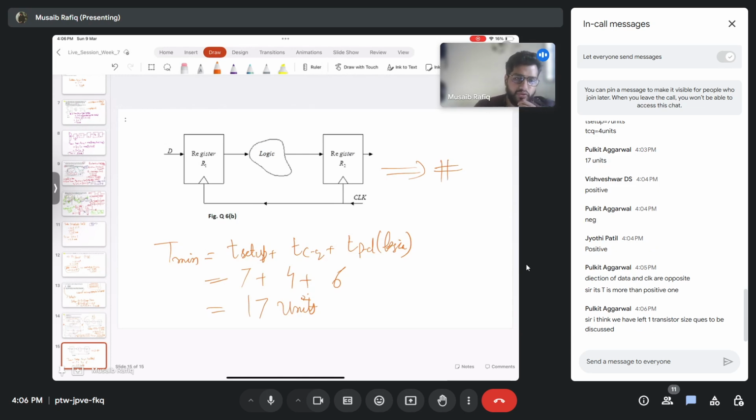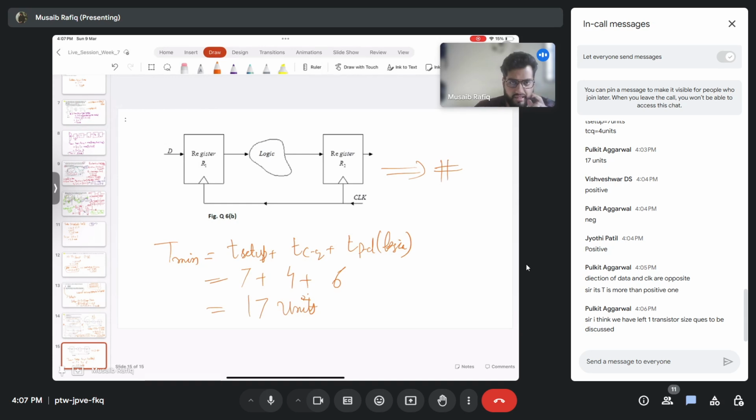I don't know whether the professor has discussed sizing. I remember last time I discussed it in week 4. I think once I gave you the sizing. In fact, we discussed one question of sizing, and then there was one more question of sizing. But that time I told you that you haven't studied sizing, so we will not touch that. Has Professor Dasgupta discussed sizing of transistors in combinational logic?